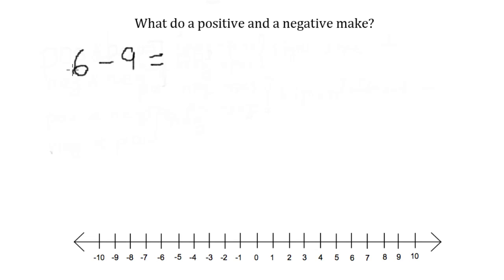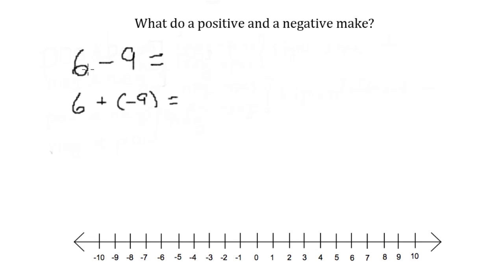Well, depending on how you look at it, you either have a positive minus another positive, or you have a positive plus a negative. This is really the same thing as writing 6 plus negative 9. The answer to this, whether it's going to be positive or negative, really depends on which of these two numbers is bigger.